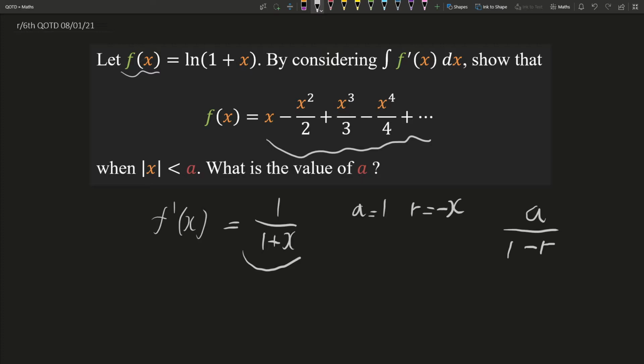And if that is the case, we can reverse what we've done before. f'(x) would be equal to, well, the first term's 1, and the second term would be minus x, and then the third term would be x squared, as we're multiplying by the ratio each time, and so on.